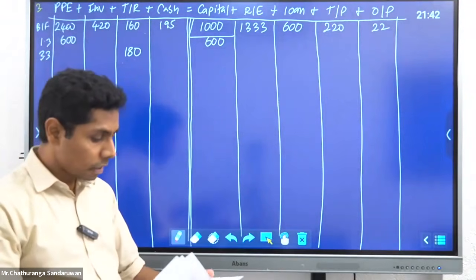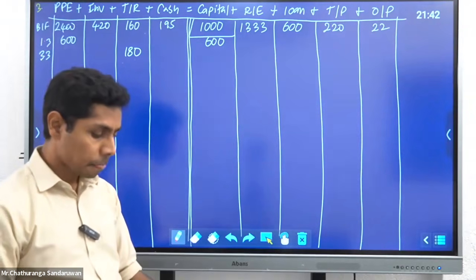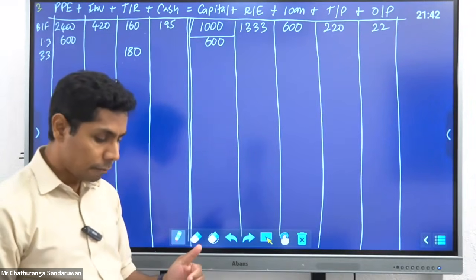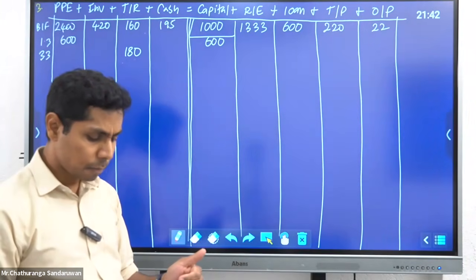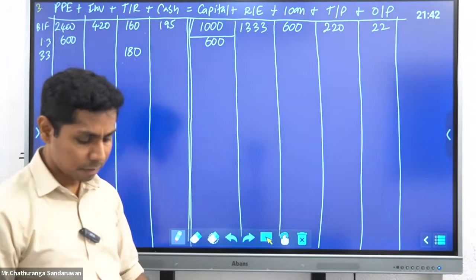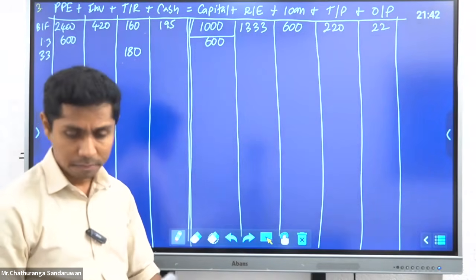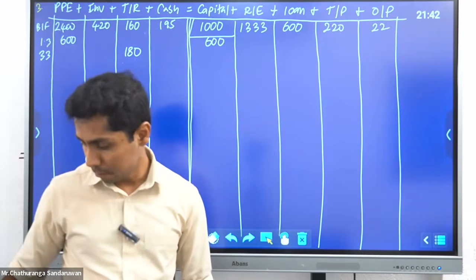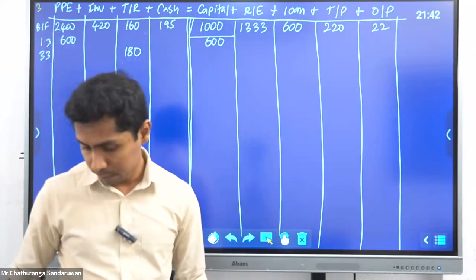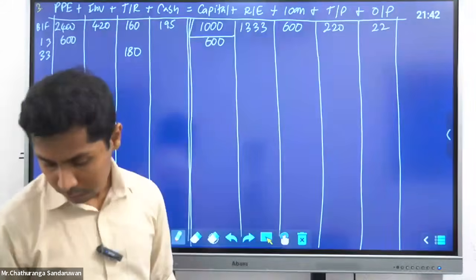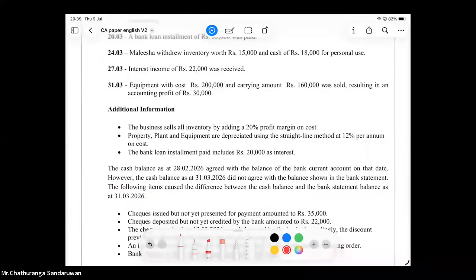If you look at the additional information, they say the business sells all inventory by adding a 20% profit margin. Please cut this word margin, right? There are some corrections to be done. In the paper, they wrote the word margin.